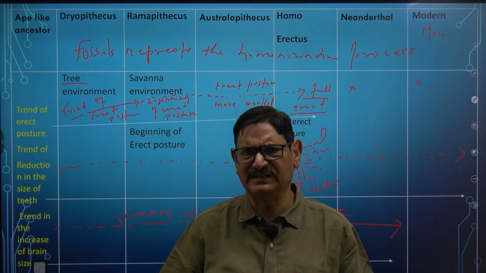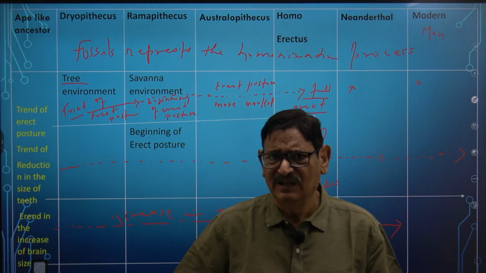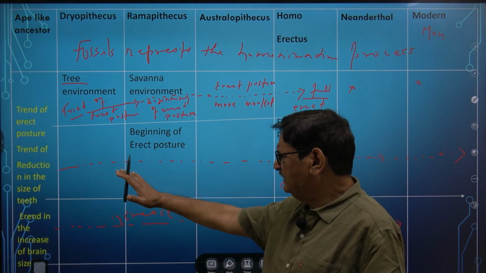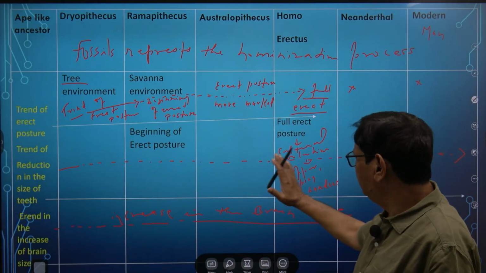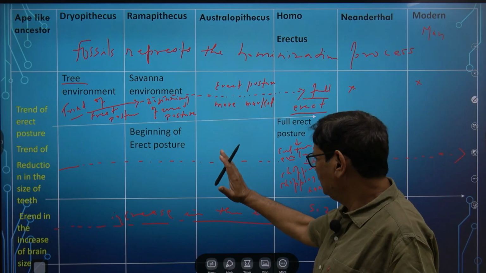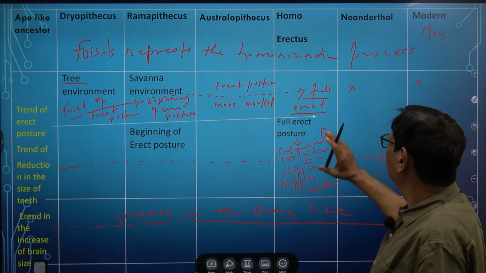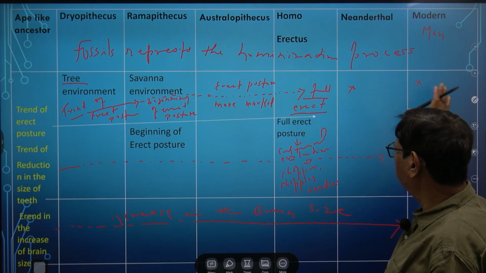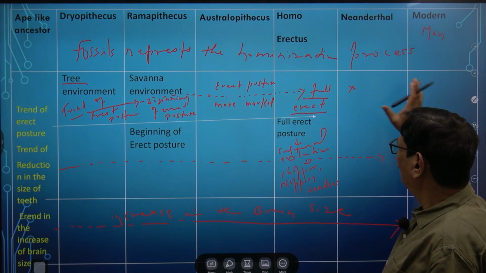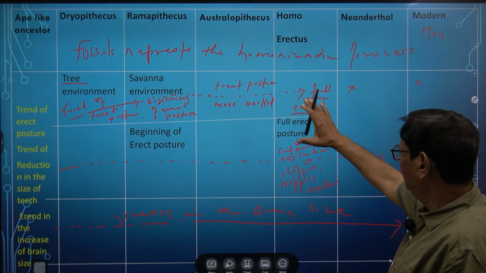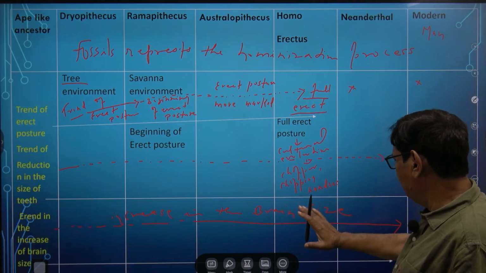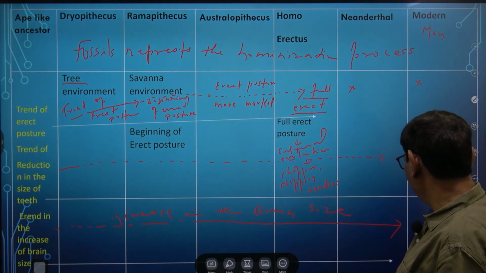So these are the similarities, and the differences are, you can see here that there is a trend of reduction in the size of teeth. So naturally you can answer from this diagram that Homo erectus teeth were larger than that of modern man, and Homo erectus brain size was smaller than that of modern man.